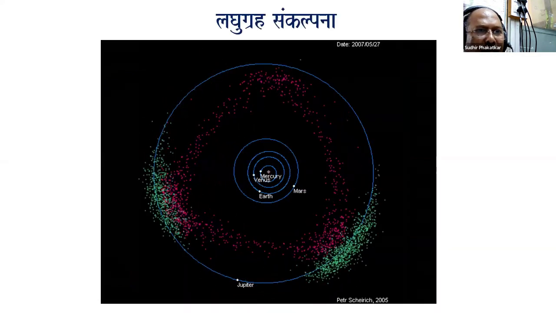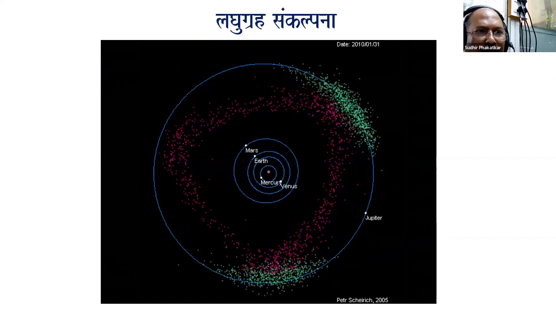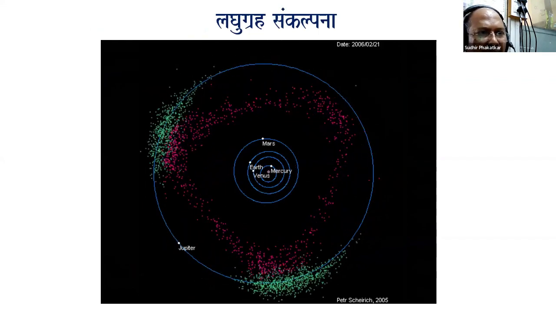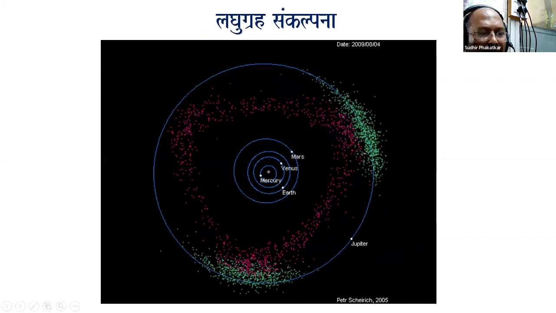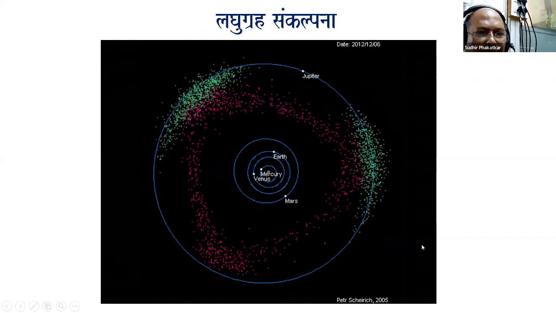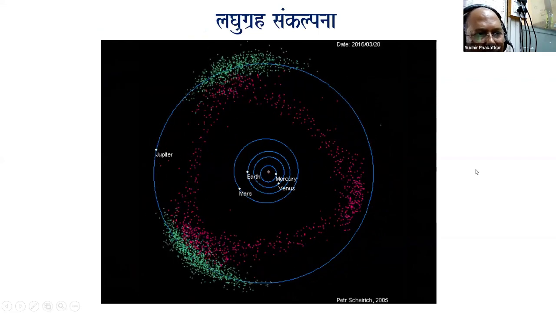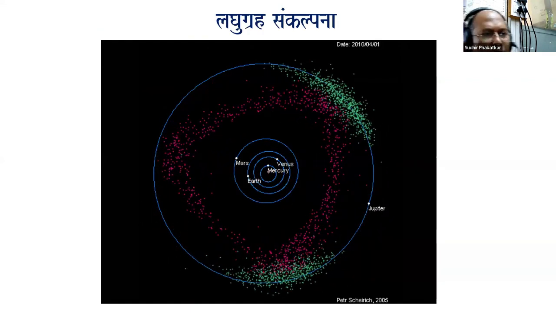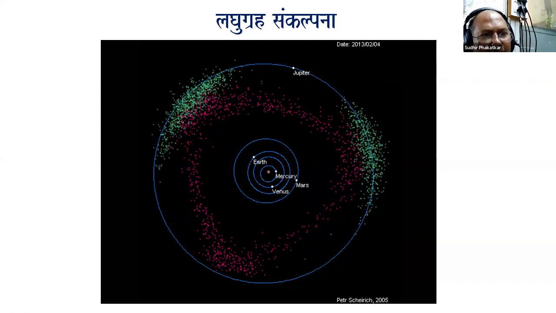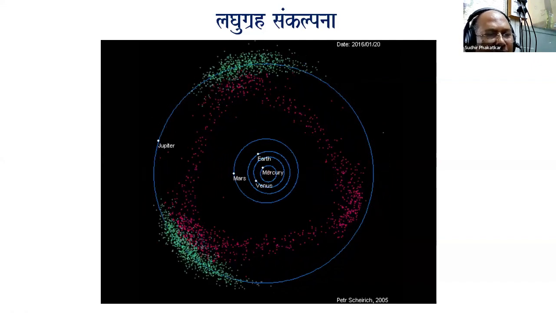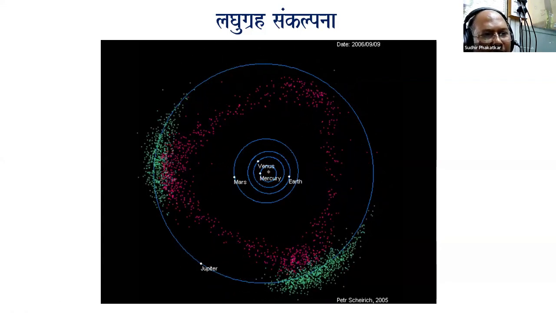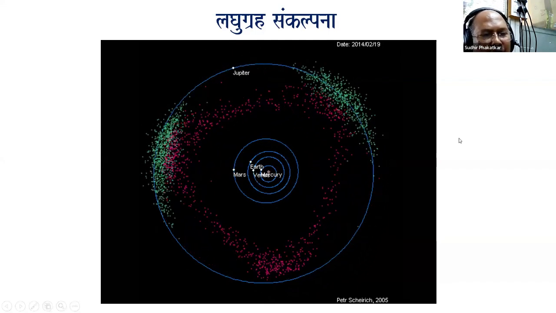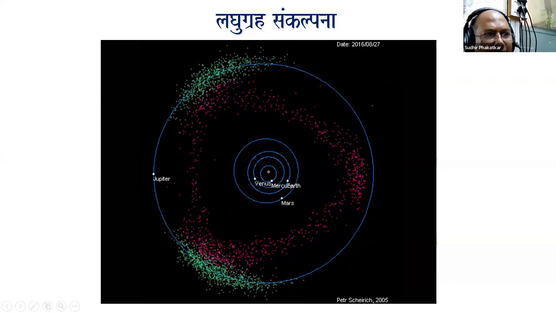This is a conceptual film of how asteroids rotate in the solar system, and one or a few of them enter the earth's orbit, or due to earth's gravitation they try to come into the earth's atmosphere, and on some occasion they reach the earth's surface. Then there are three types that we'll see in the next slide.